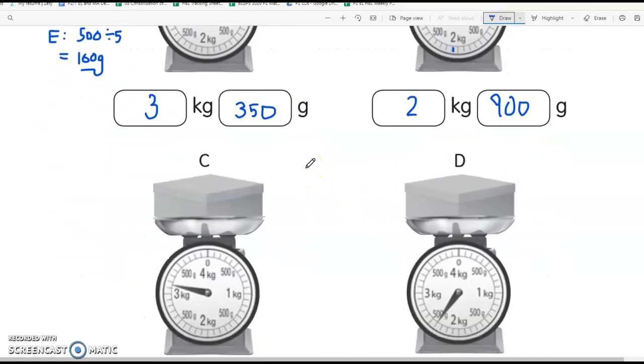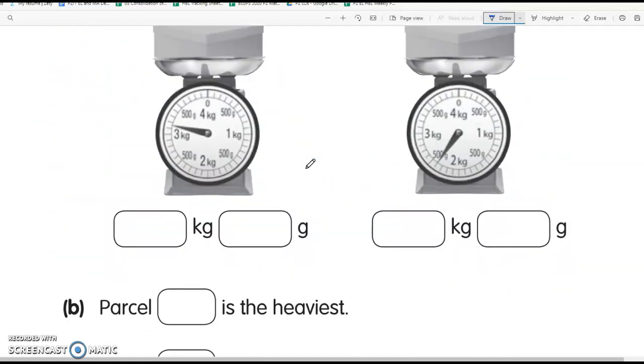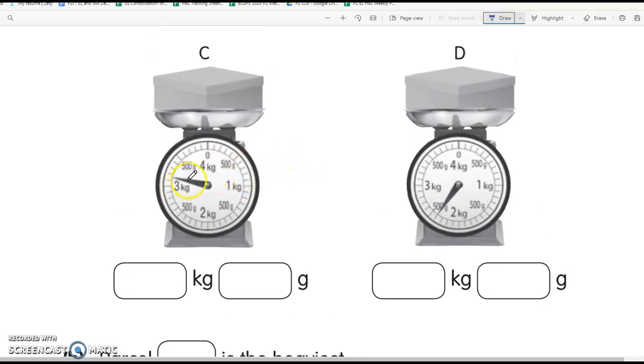Now let's move on to parcel C. Let's fill up the kg first. So it passes by 3 kg. It's between 3 and 4 kg. So which one do we take? 3 kg, right? So let's look at the interval. Again, each interval is 100 grams because it is the same weighing scale.